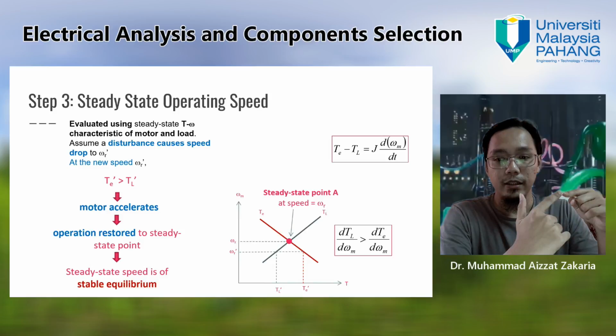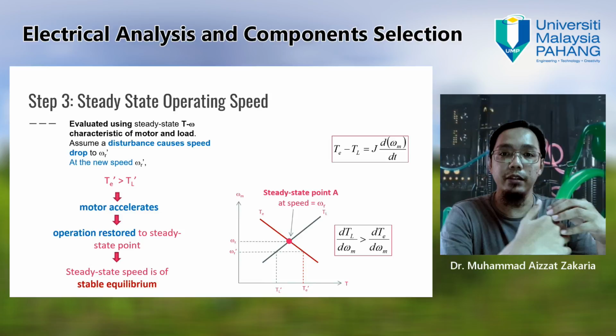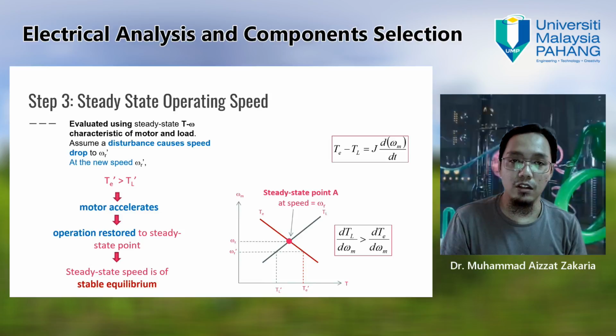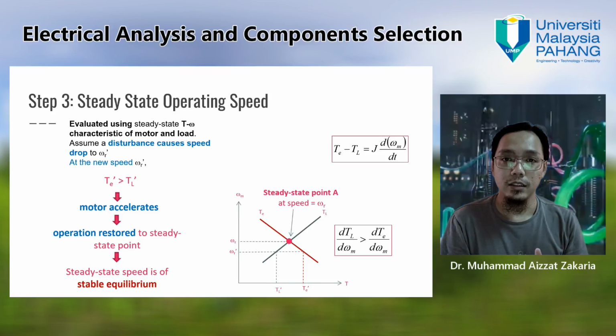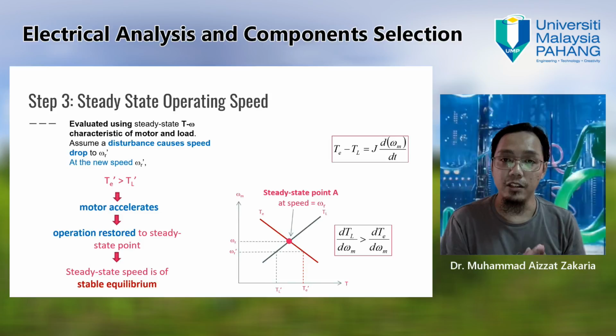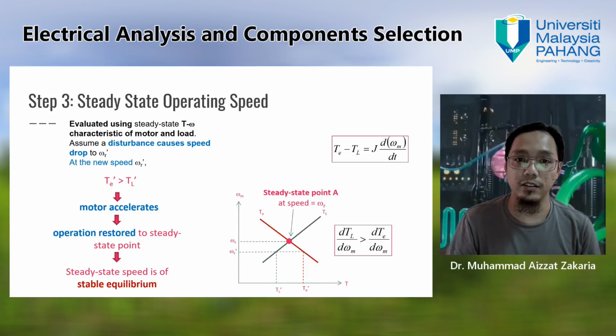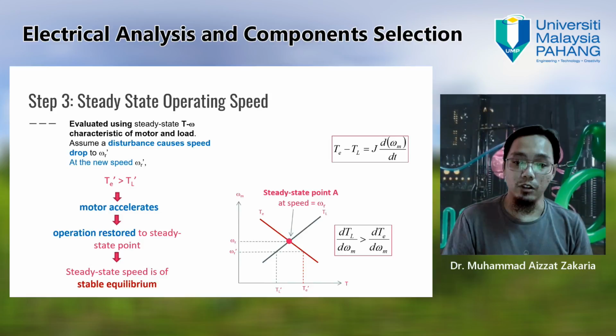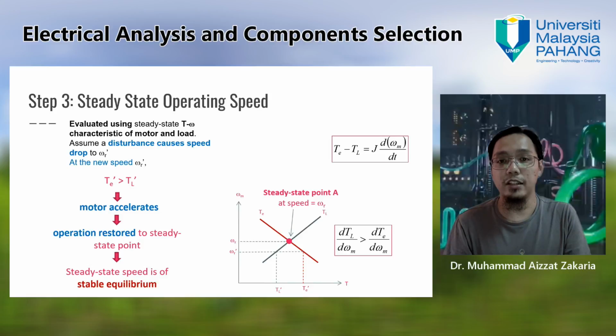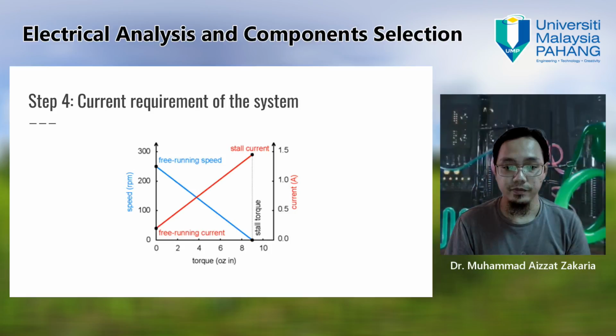So we have to balance this and see the datasheet of the motor and check the torque and speed requirement, whether it satisfies our requirement or not at steady state operating speed.